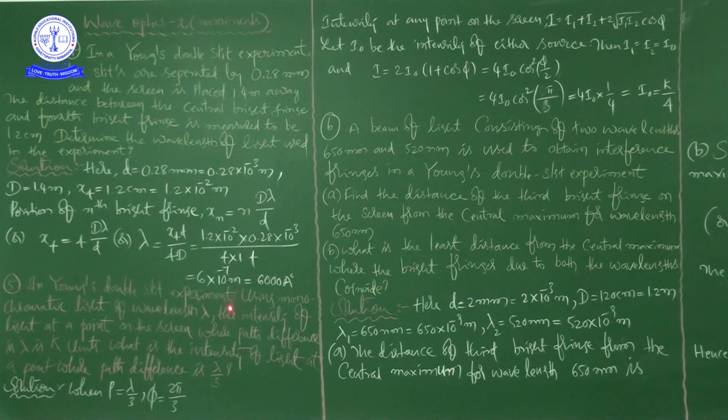In Young's double slit experiment using monochromatic light. Monochromatic light means light which consists of a single wavelength. Mono means single, chromo means color.